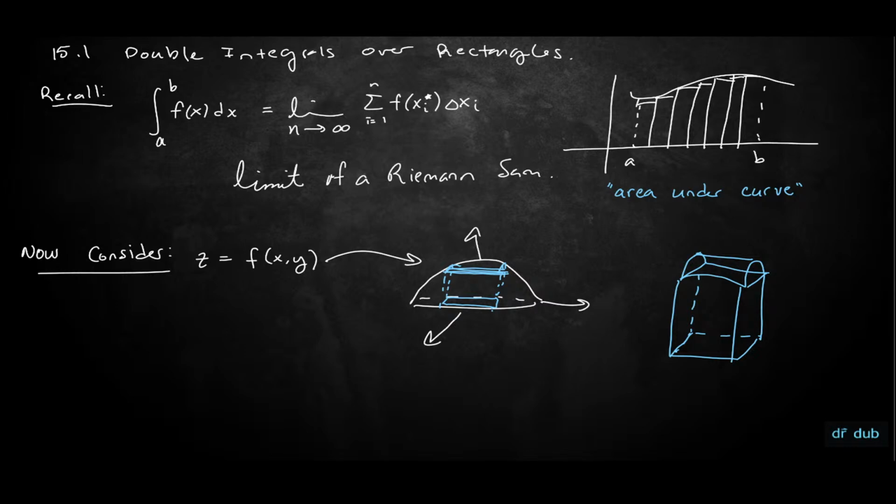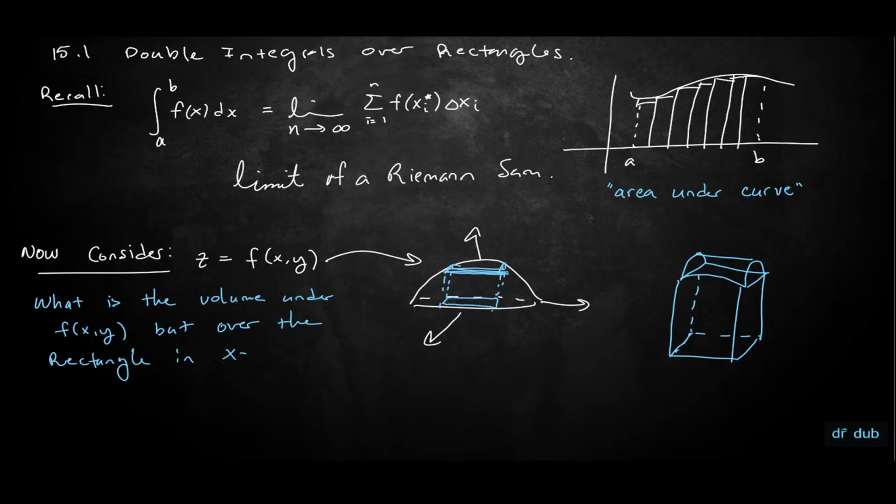So the question is, what is the volume under f of x y, but over the rectangle in the xy plane.